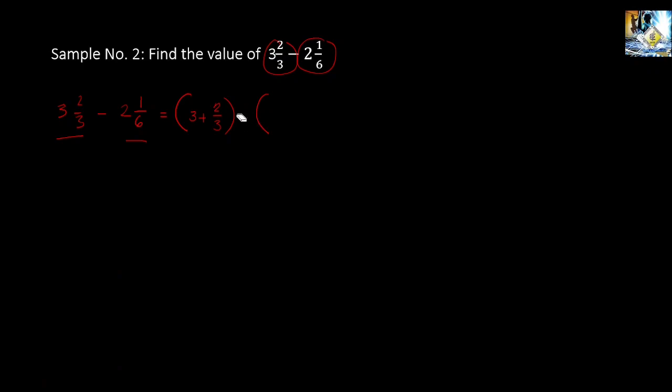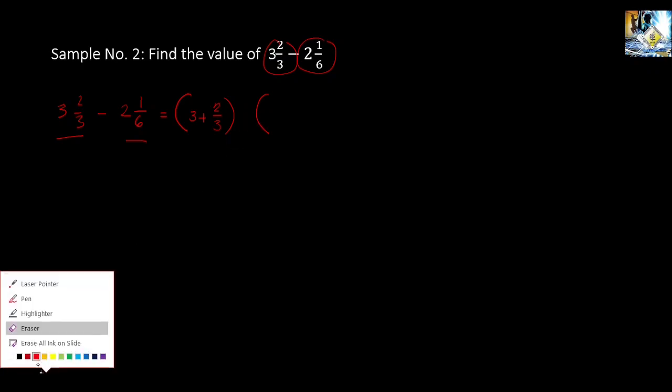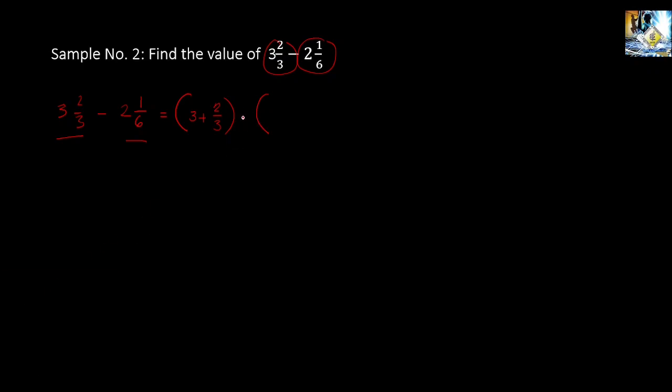Eraser. Oops. Going back to our pen. Okay, this is negative. So they will become 2 plus 1/6. Then we'll continue, of course, you need to multiply the sign.